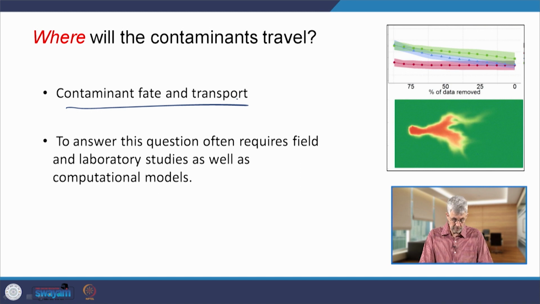To answer this complex question often requires field and laboratory studies as well as computational models like the one here. So it's a very time-consuming, expensive process, but it's needed because to tell the regulators or your customer where the contaminant is heading in the future will determine what we have to do today in order to prohibit or to interfere with the travel of poisonous compounds in the subsurface.